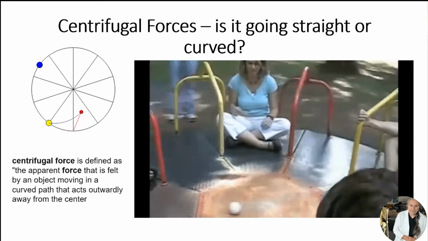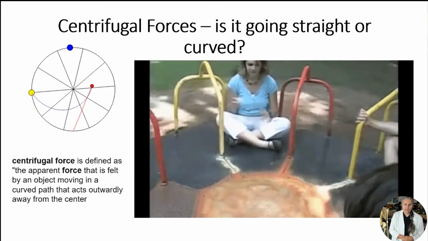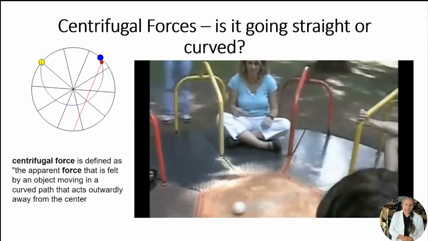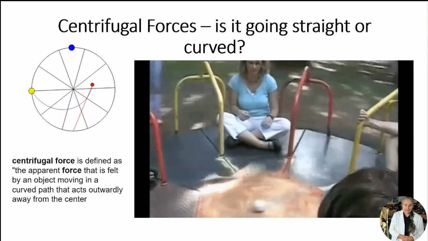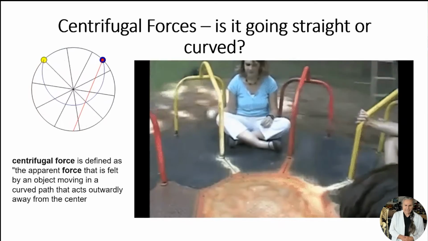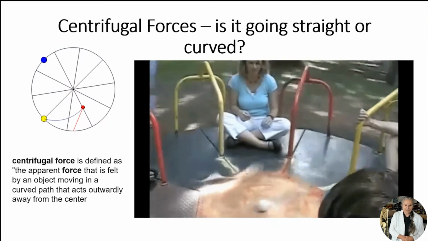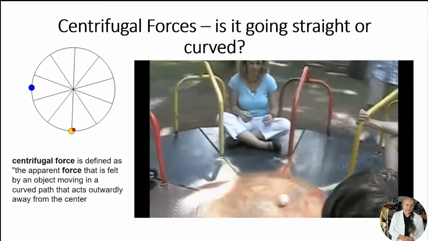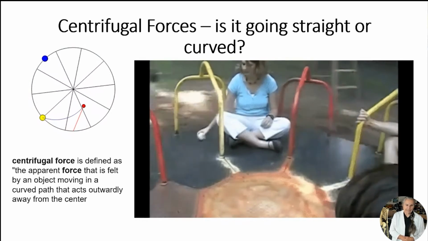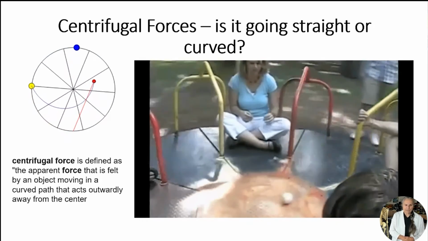Now, you guys have felt this before. You've been on this maybe in a playground. Now notice what's happening. It looks like the ball is circular, but it actually isn't. If you look at the diagram before, it's actually going straight, but that's how we perceive it.